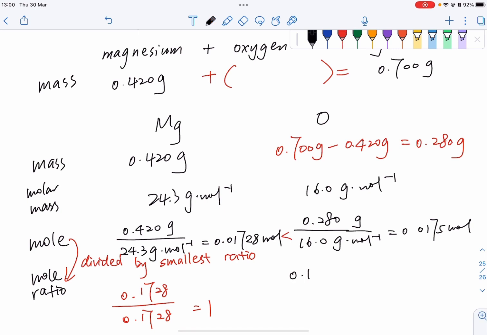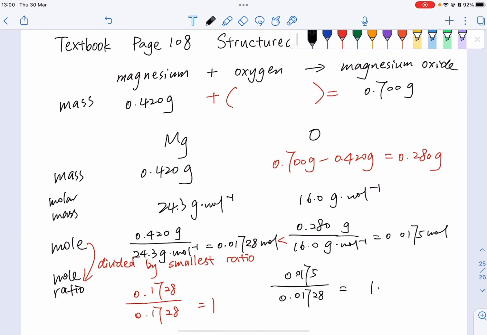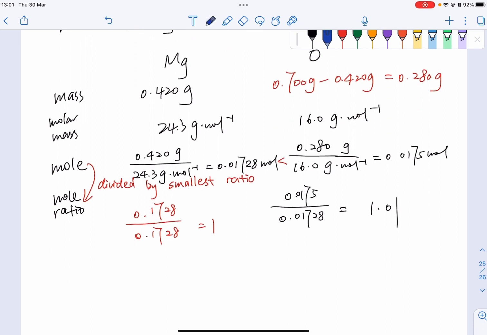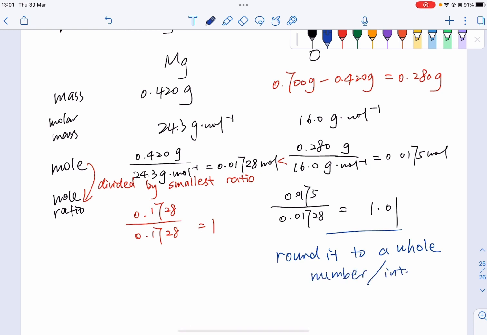It will be 0.0175 divided by 0.01728, right? The answer will be 1.01. Remember, for the mole ratio, we will always have to round it to a whole number, or you can call it an integer. So for this one, we can also round it to 1.